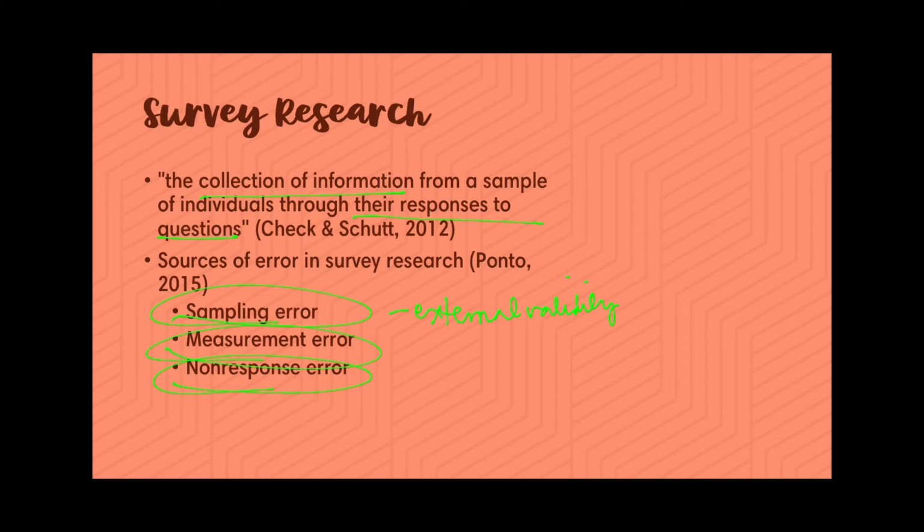Because, for example, in the social sciences, most of the phenomena that we are measuring are very abstract. Like when we say quality of family relationships, or satisfaction with life, or mental well-being, these are very abstract and very subjective concepts that are really difficult to grasp.